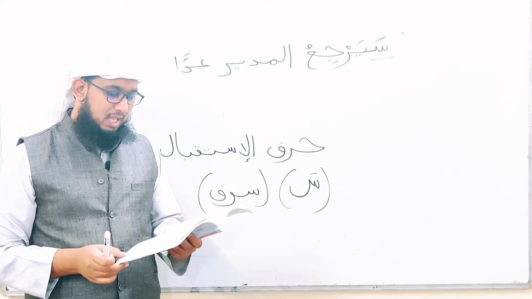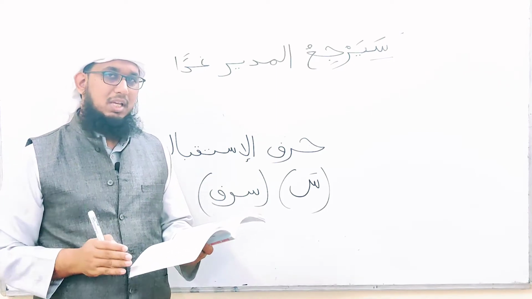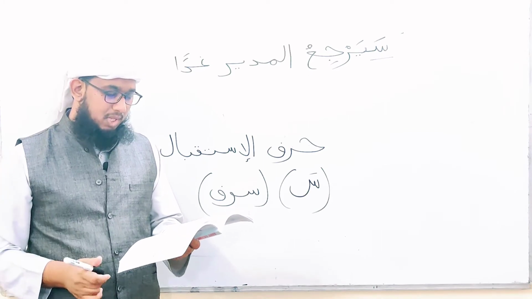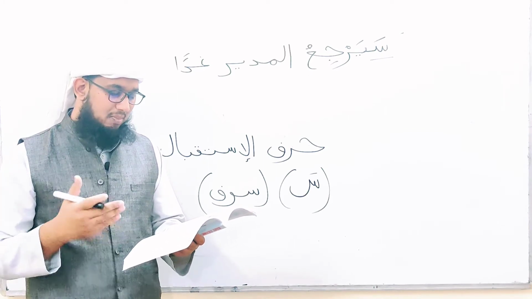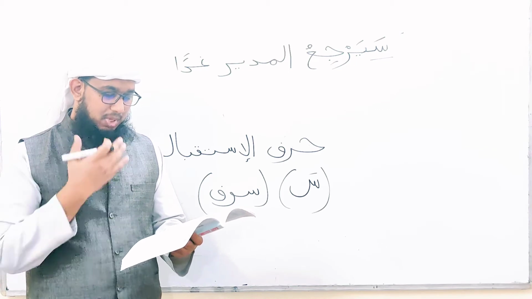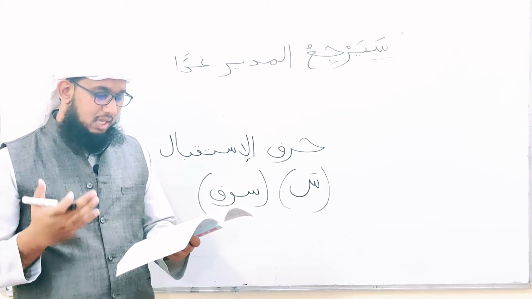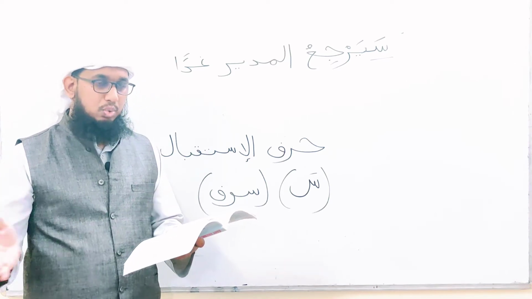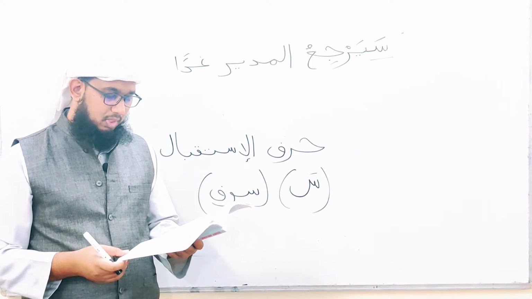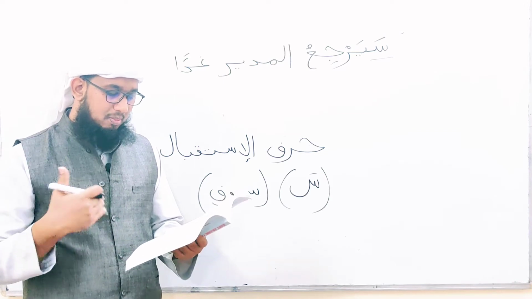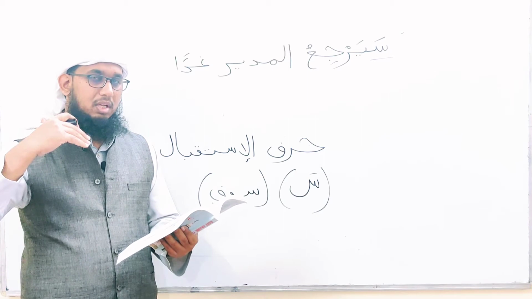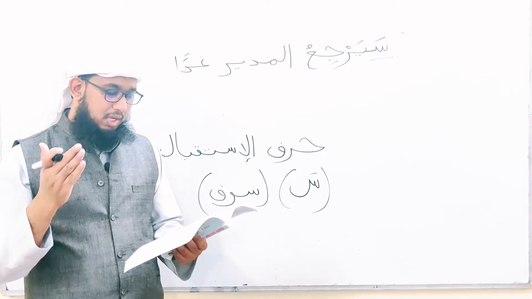Second, azhabu ila al-mal'abi kulla masa'in. Do you go to the playground every evening? Sa'adhabu hadha al-masa'a ila al-maktabah. I will be going this evening to the library. Adhabu ila al-mal'abi kulla masa'in, I am going to the playground every evening.